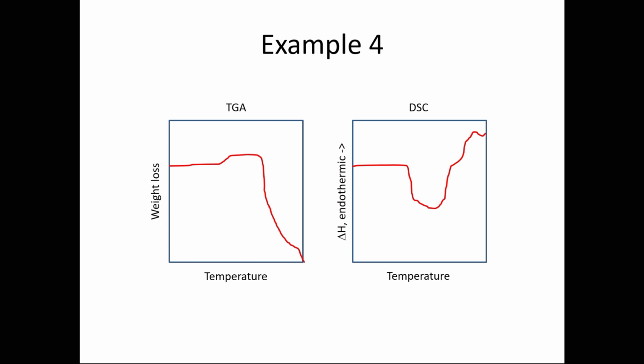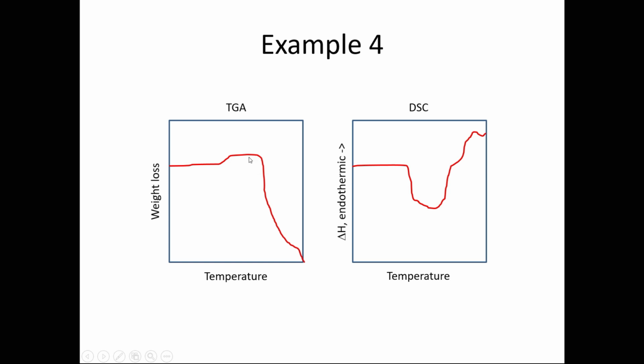And a gain in weight in TGA could only be associated with oxidation. And oxidation is typically an exothermic event. And if we look at DSC, endotherms are showing upwards, exotherms showing downwards. And we clearly see that this peak is exothermic, a very broad exothermic peak associated with the oxidation process.